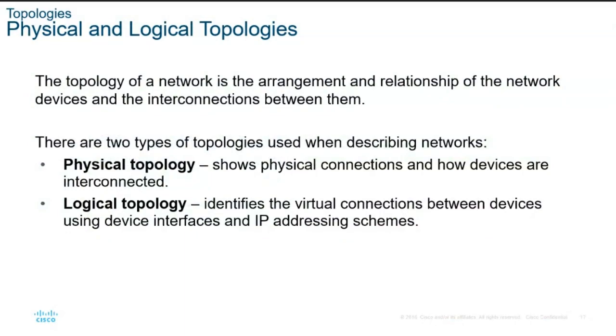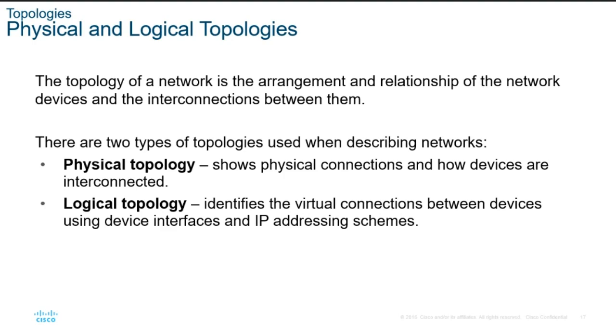So, kung natandaan niyo yung ating diniscuss, we have physical and logical topologies. The topology of a network is the arrangement and relationship of the network devices and the interconnections between them. There are 2 types of topologies when describing LAN at saka WAN. So we have the physical topology. It identifies the physical connections and how end devices and intermediary devices, like routers, switches, and wireless access points, are interconnected.